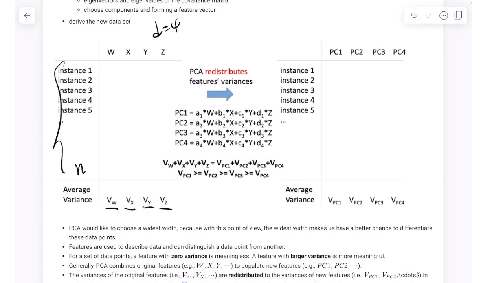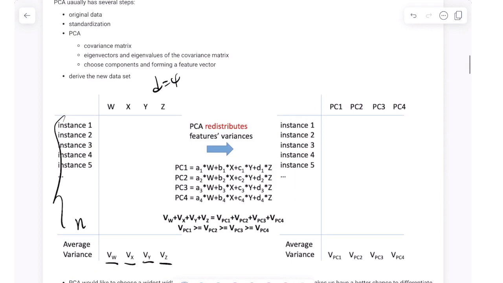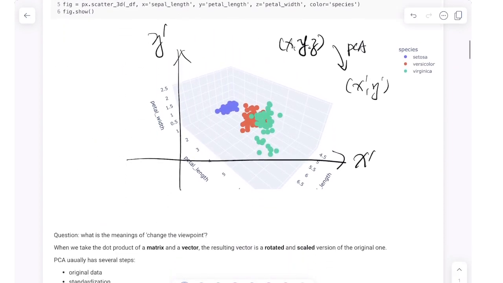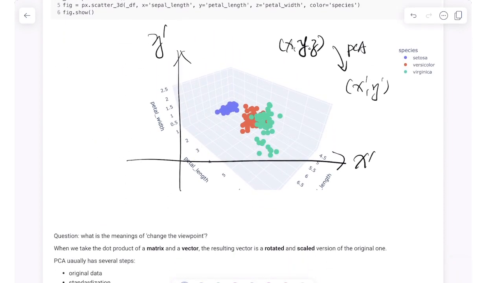So think about one thing. If you rotate the data, there should be a center right here. When you rotate the data, every data point rotates around the center point.